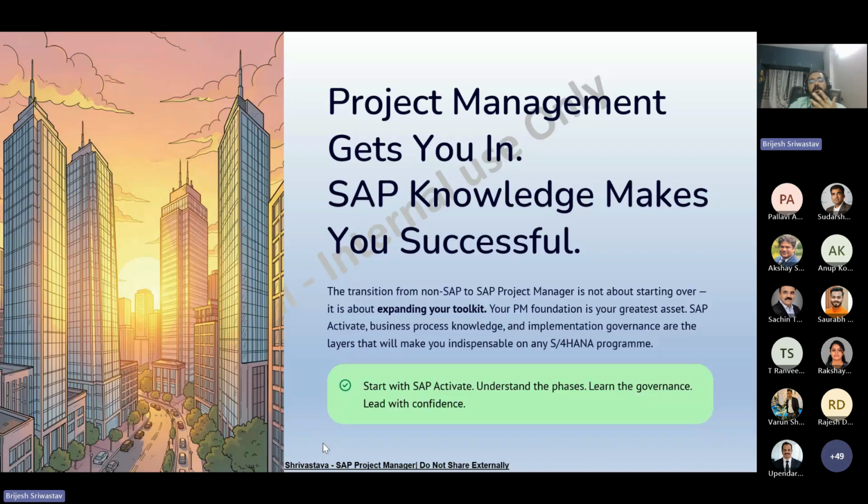For example, when we have a consultant and they say the P2P configuration is completed, you don't need to know every configuration step. They say P2P configuration is complete, but you should understand what P2P is, which business teams are involved, what the dependencies are, what milestones they are going to complete, and how it is going to impact testing and go-live.